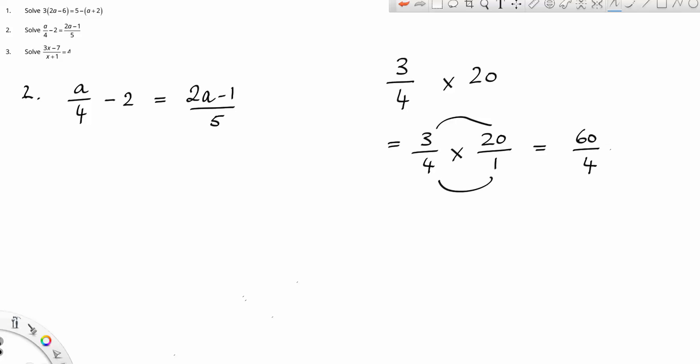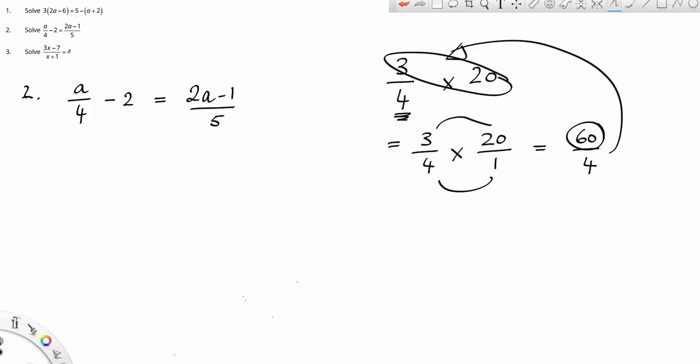So if you compare that answer with the original question, what's changed? The denominator stayed the same. It's the top that's changed. We've got 60. Okay, so when you're multiplying a fraction by a whole number, it's really just the numerator that changes, because in effect your denominator with the whole number is just 1, so that's not going to affect the denominator at all.